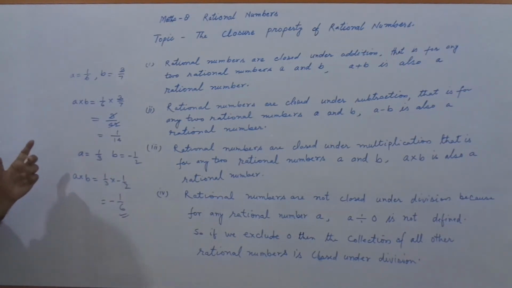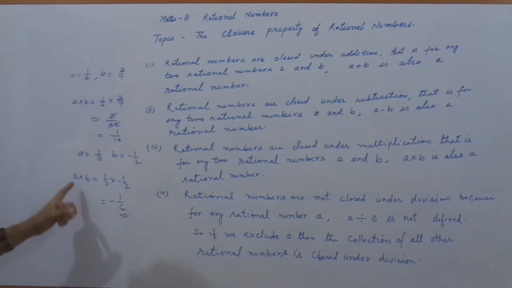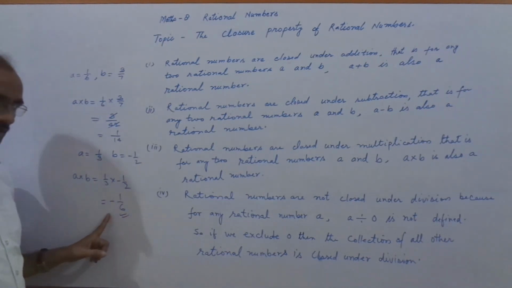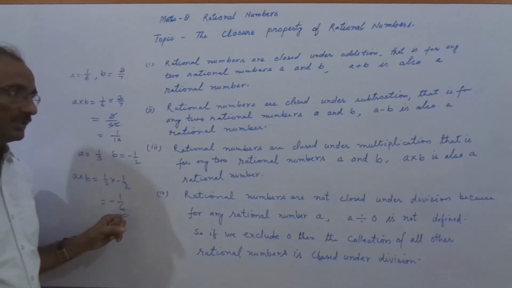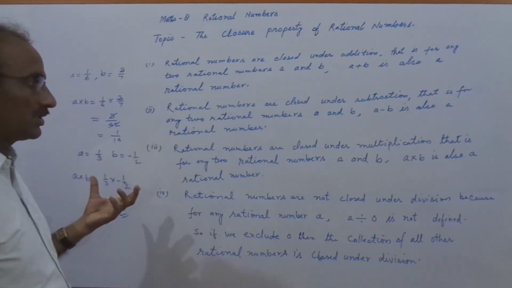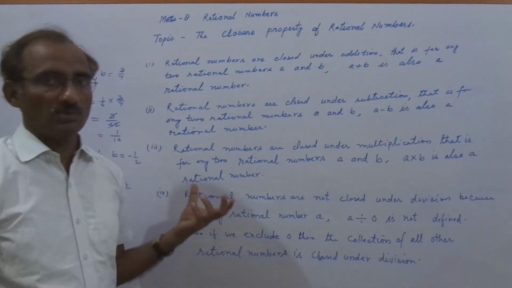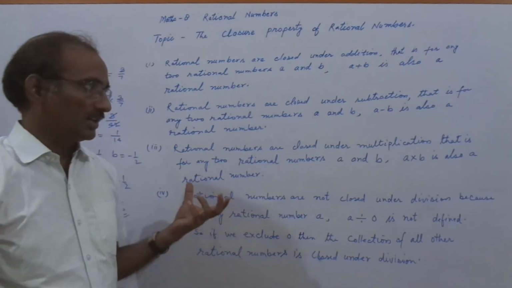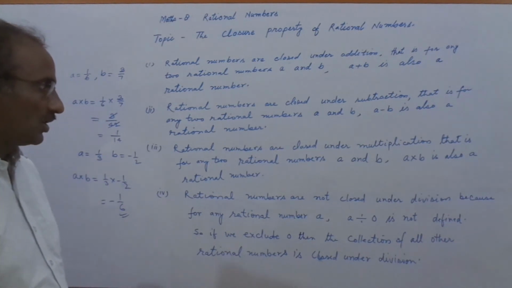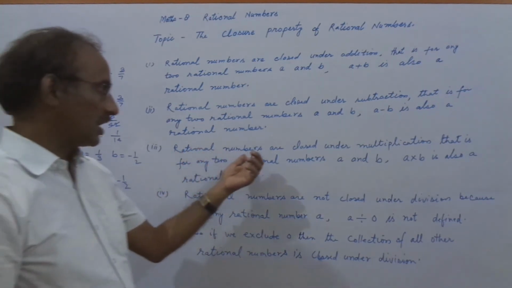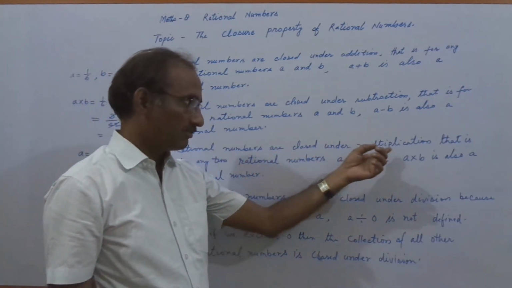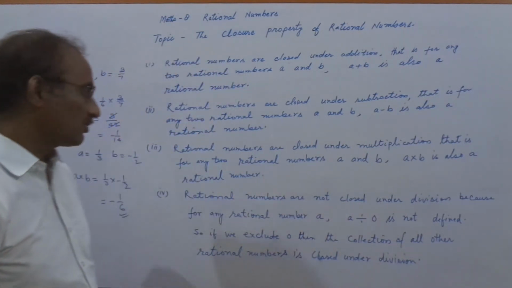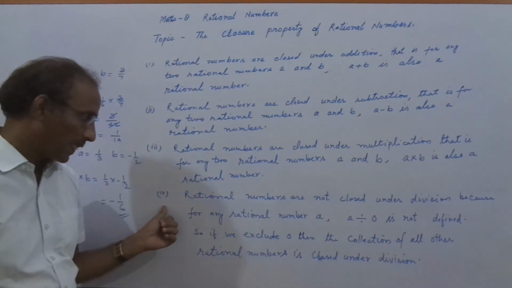So if we have any two rational numbers a and b, a into b is also a rational number. So we can say that rational numbers follow the closure property under multiplication, or rational numbers are closed under multiplication. Now come to the fourth.